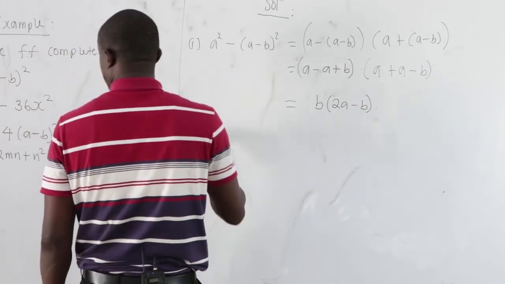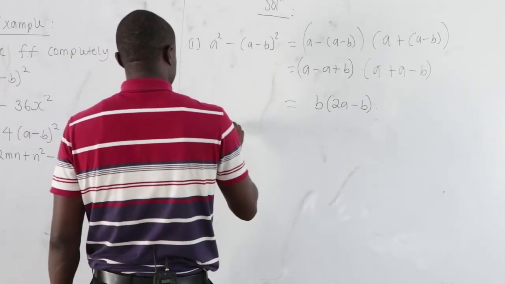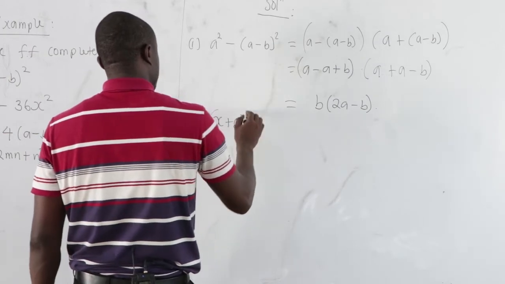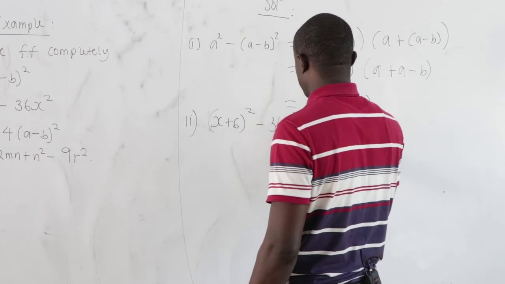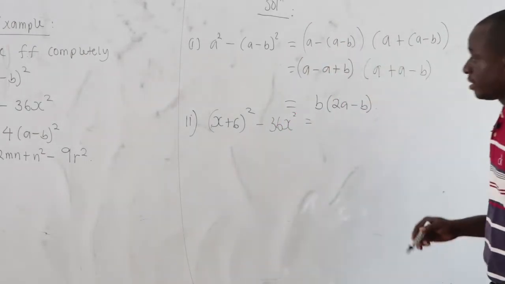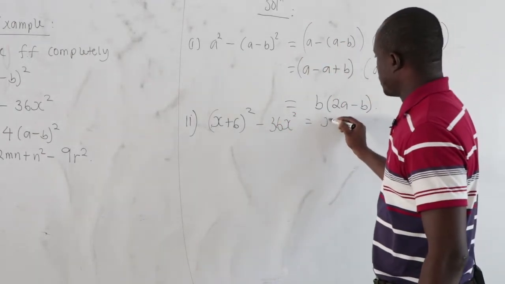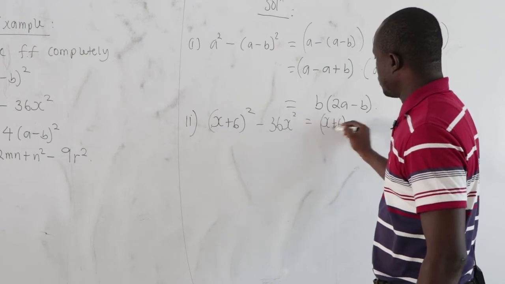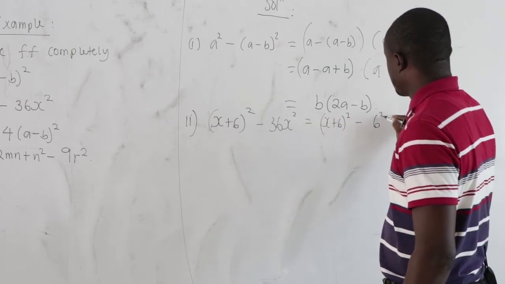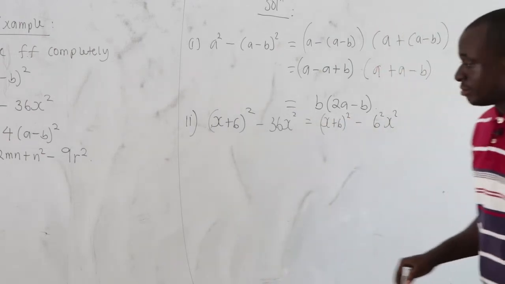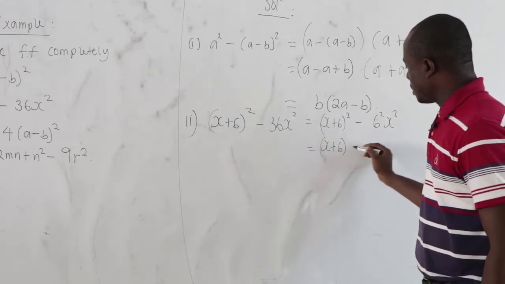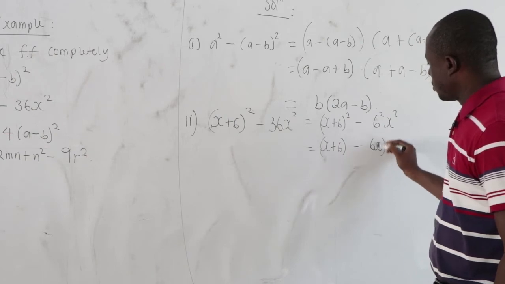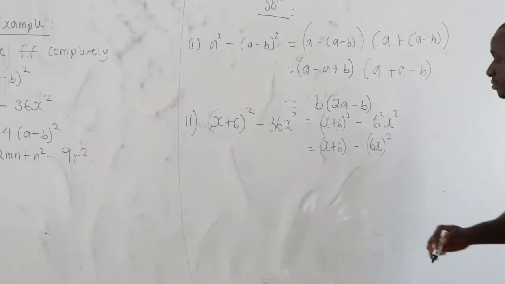Now let's see the second one. We have x plus x all squared minus 36x all squared. Here we can express this as x plus 6 all squared minus 6 squared x squared. From our previous idea, we have x plus 6 minus 6x all squared.